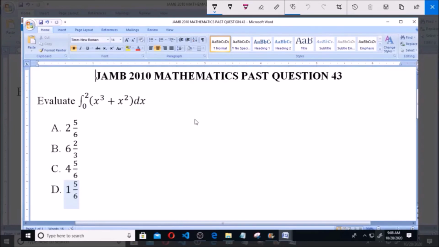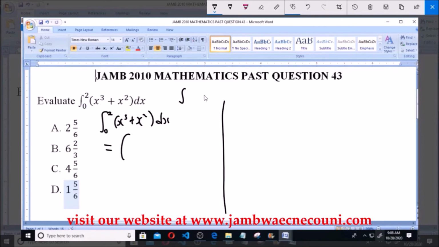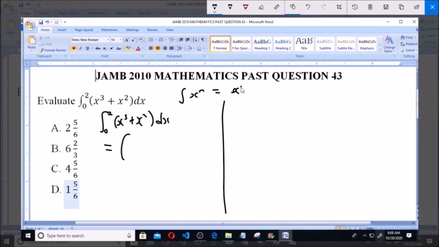Now we are given the integral of x cubed plus x squared dx. Now this is equal to, like we know, when we're given integration of x raised to the power of n, this is equal to x raised to the power of n plus 1 all over n plus 1.